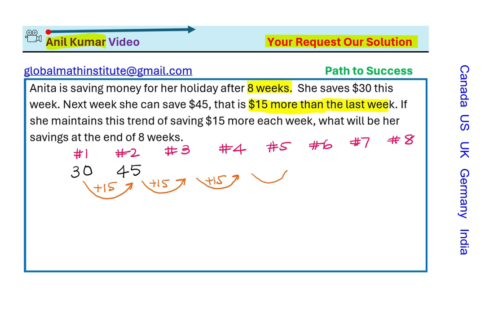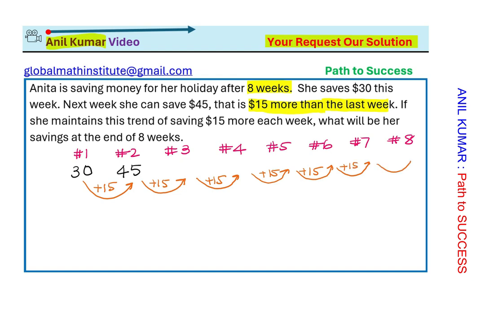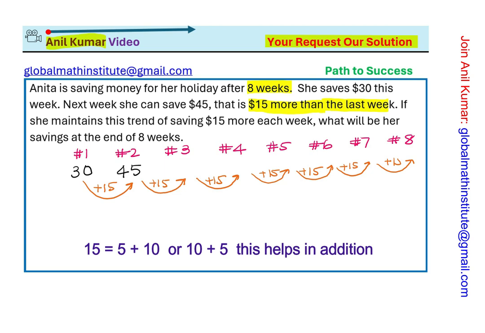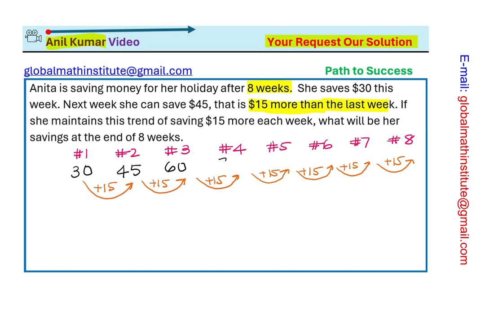With the help of this problem, we are also understanding how we could organize ourselves to solve word problems. There are many techniques to learn to master these strategies. So, we'll just add 15. Adding 15 is also simple. You can add 5 and 10. So, 45 plus 10 means 60, and then 5 more, so 75.